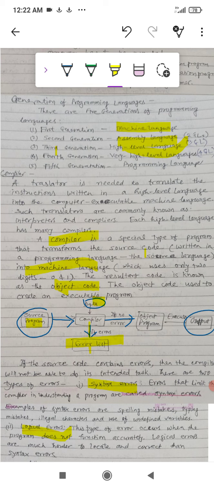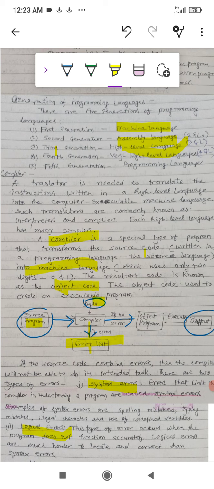This type of error occurs when the program does not function accurately. So, logical errors are much harder to locate and correct than syntax errors.